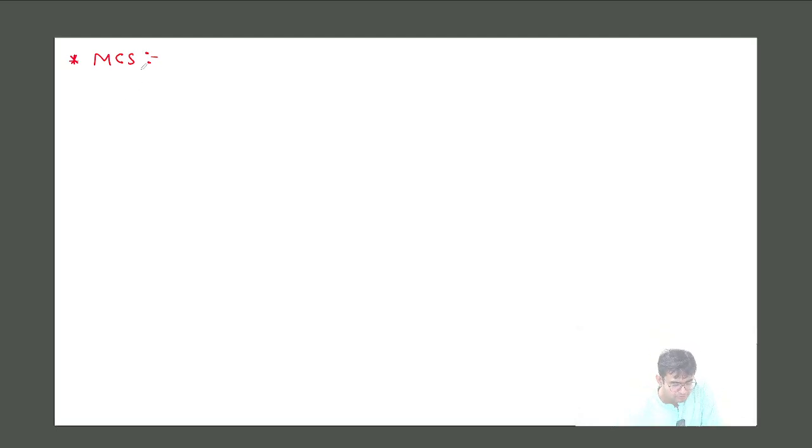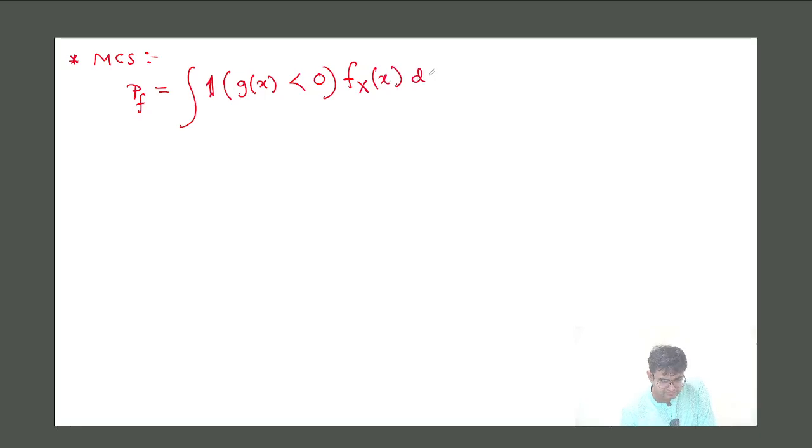So, if you remember, we said that P f is equal to the integration of the indicator function g of x less than 0 times f x of x dx, and you do it over the total domain, from minus infinity to plus infinity, right.